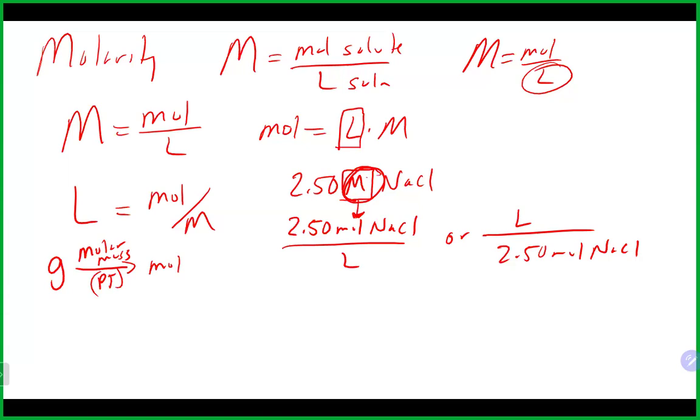So milliliters to liters is also a very common conversion that we use a lot in here. And again, a reminder, there's 1,000 milliliters in 1 liter. So that conversion is used a lot along with the grams to moles, and also sometimes moles back to grams, going in the other direction. Any questions on any of that?